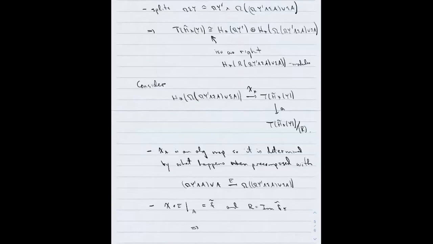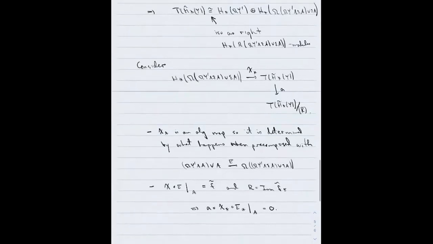So if you do this quotient map, precompose with chi in homology, and you restrict to A, you just get the zero map.